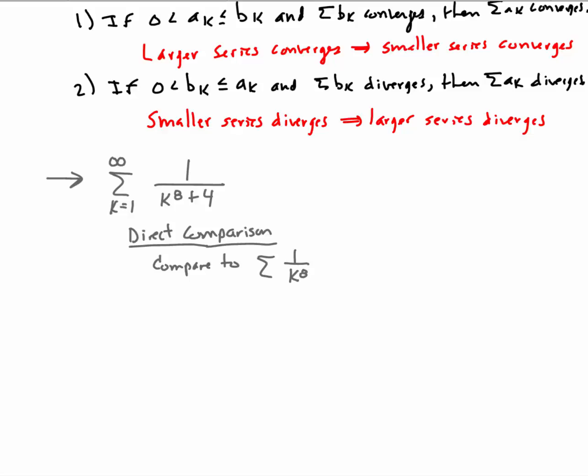Now the reason I chose that is if we look at just k to the 8th plus 4 and k to the 8th, they're easy to compare. So let's go ahead and decide what this one is. This one is a p series, so again I have to name the test. I have to give the criteria for the test. This is where p equals 8.